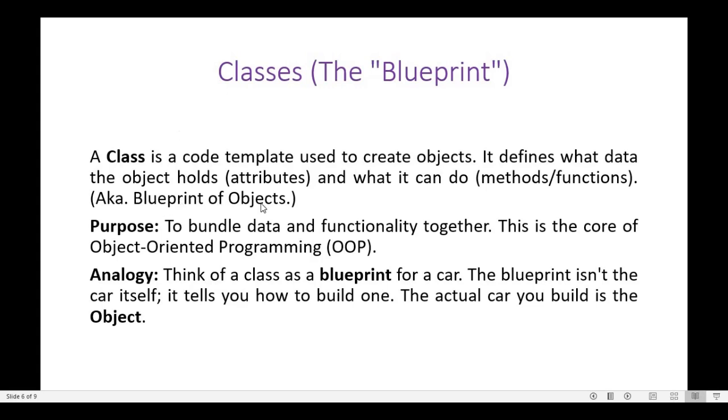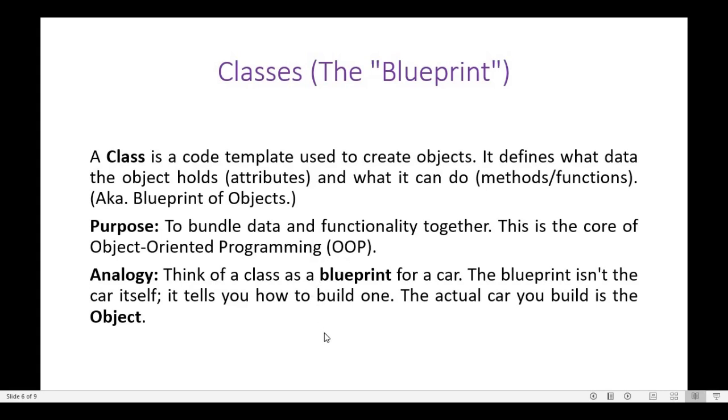So yeah, class is known as the blueprint of objects. The purpose of a class is to bundle data and functionality together. This is the core of object-oriented programming. You will be learning the OOPS principles later on. So classes and objects are the core things in object-oriented programming.